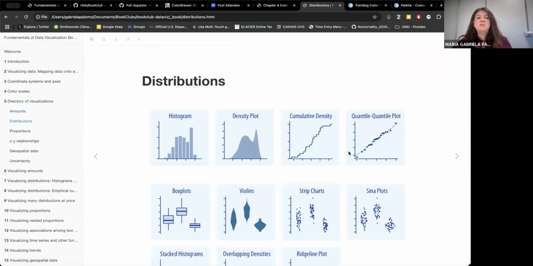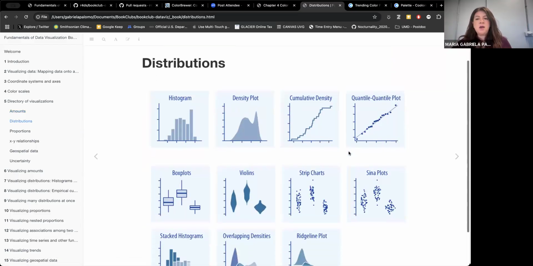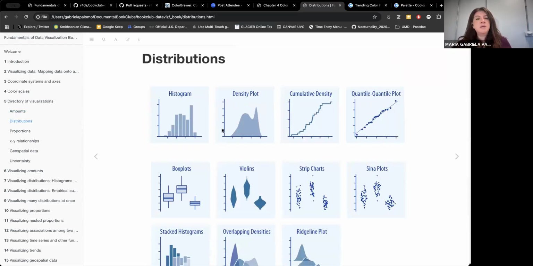But anyway, to represent distributions, we have different examples. Usually the ones that we use are histograms or density plots if we have just one distribution to show. Then we also have cumulative density. I think there's a name to represent them other than cumulative density, but I forgot. This only shows how the values are accumulating, so it's different from showing the density plot itself.